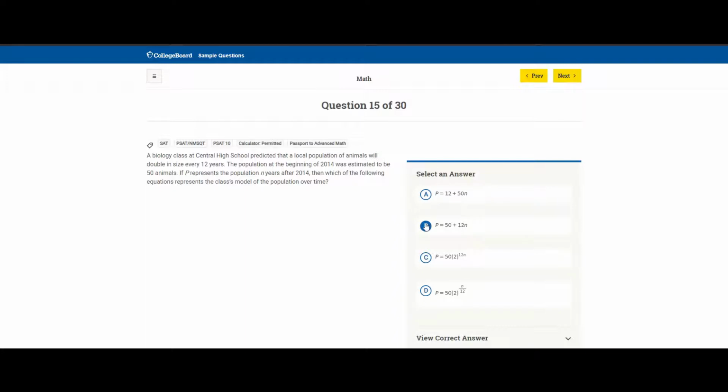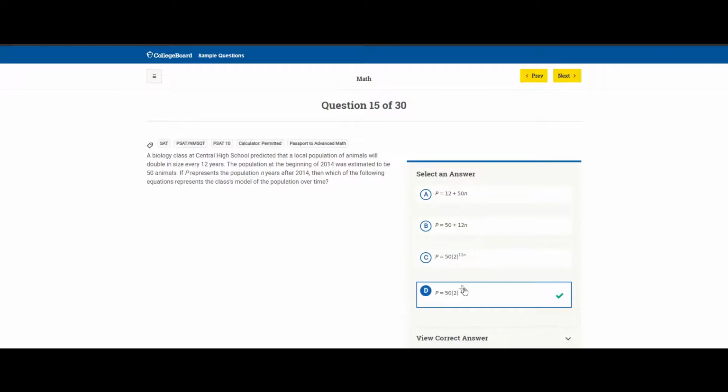So, these are not true statements, but it's going to be one of these two. The fact that it's double size every 12 years, this means it's not every month, basically. You'd have like 12 doubles every year. That's too many.